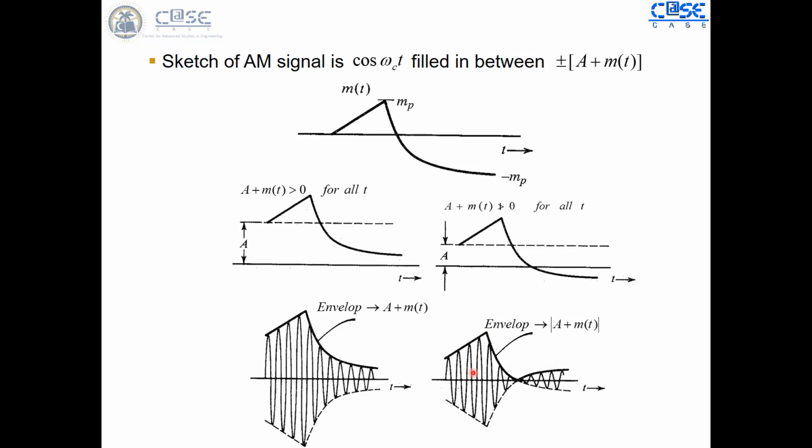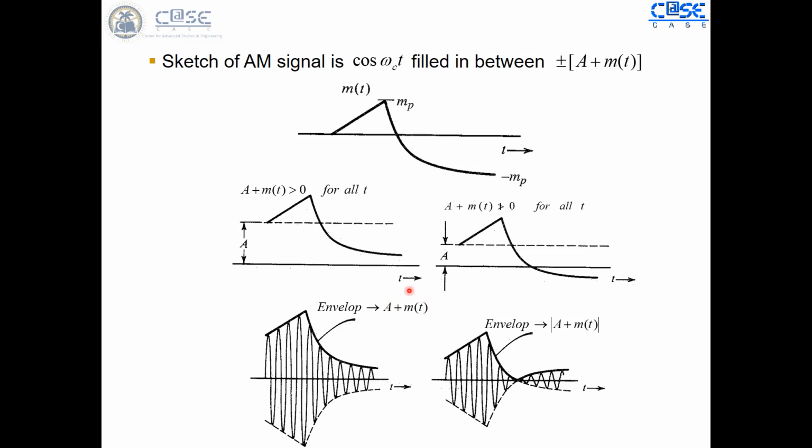You have to go for other solutions, synchronous detection of the received signal. You have to generate the same carrier in frequency and phase as that of the transmitted carrier for this scenario. If you want to recover the message signal, you can't recover it using envelope detection. But here, yes, you can do it using envelope detection. So this tells us about the condition over the amplitude A, how much of the DC shift is required to be given.